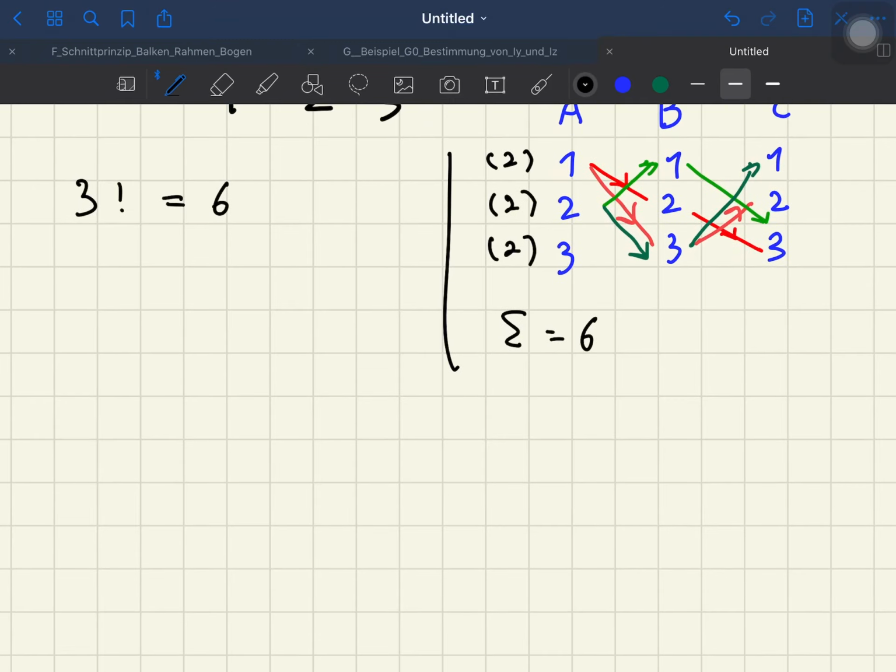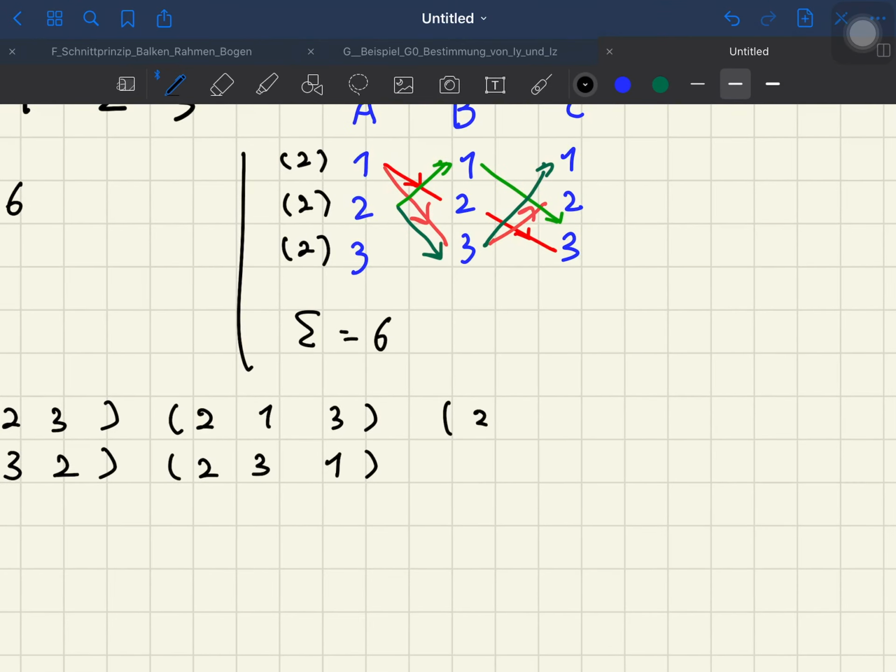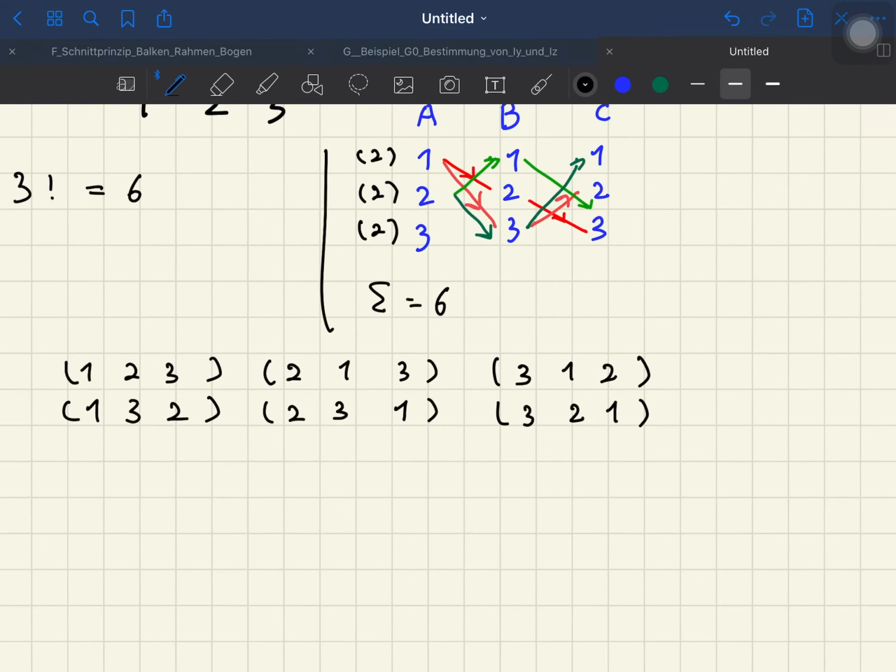For the dark red one, you will have 1, 2, 3, and then the lighter one, you will have 1, 3, 2, and then for case 2, which is the green one, you have 2, 1, 3, then 2, 3, 1, and then you have 3, 1, 2, and then 3, 2, 1.